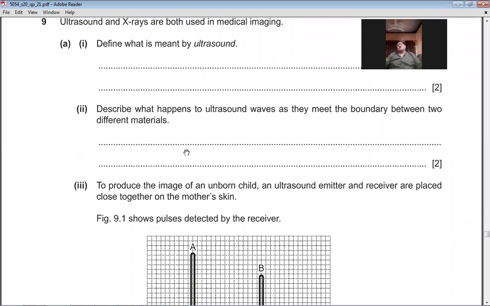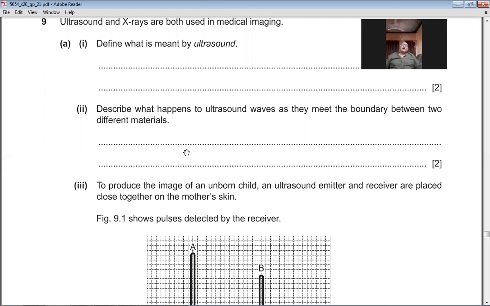Describe what happens to the ultrasound waves as they meet the boundary between 2 different materials. So you see, when the ultrasound is traveling in one medium and it comes across another medium, at the boundary of the 2 mediums some ultrasound will be reflected back into the first medium, and some will continue traveling in the second medium.